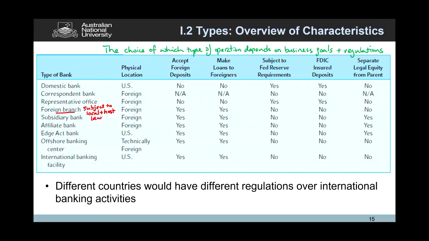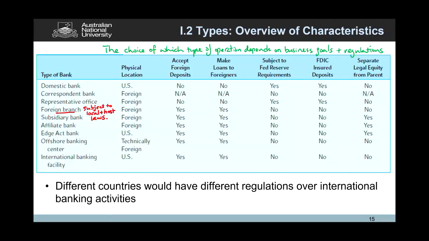laws. All right, and next, it is a subsidiary bank. A subsidiary bank is an operational form where, for example, Commonwealth Bank may establish an actual office in Singapore, and they actually incorporate that organizational form.